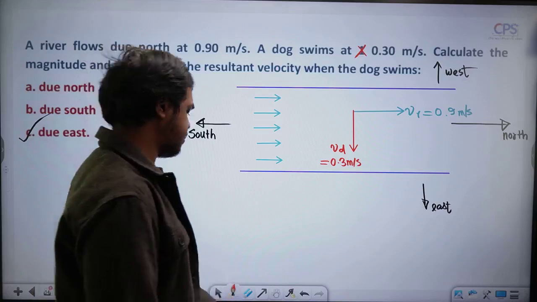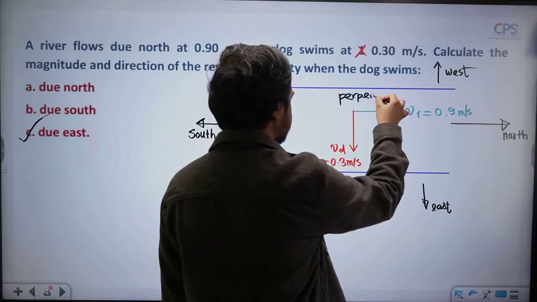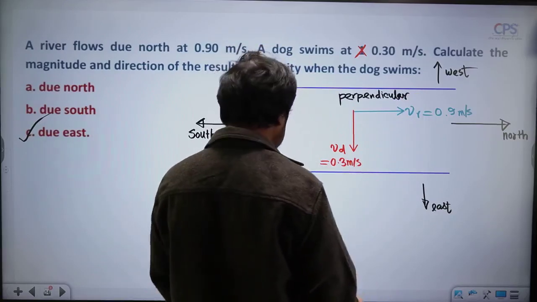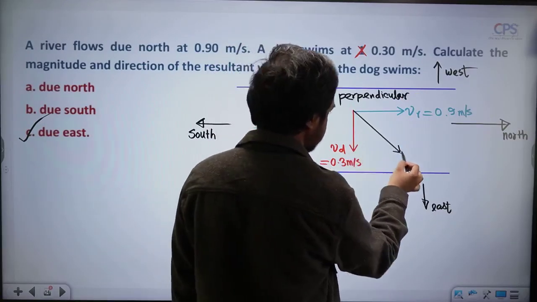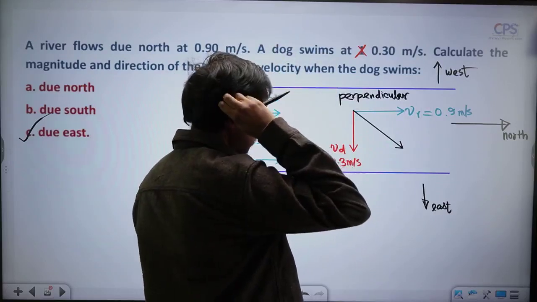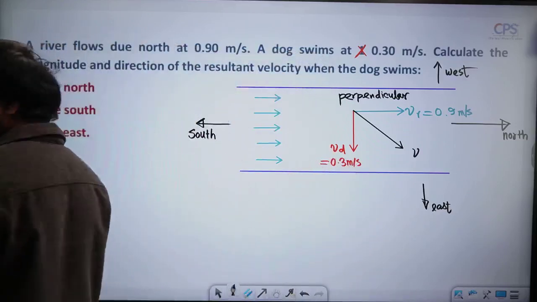These are perpendicular vectors. So the resultant will be in this direction. This is V. So how much is V?